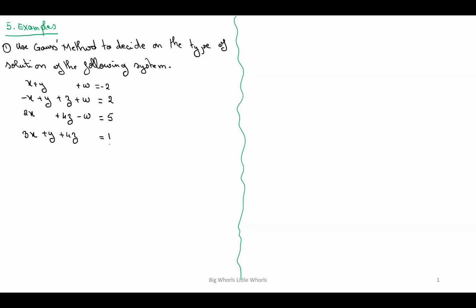Okay, so let's answer. So what are we going to do? We are going to perform Gauss's method. In the previous video, we have seen the theory about Gauss's method, and I have explained how we need to get the echelon form. In this tutorial, I will go slowly.